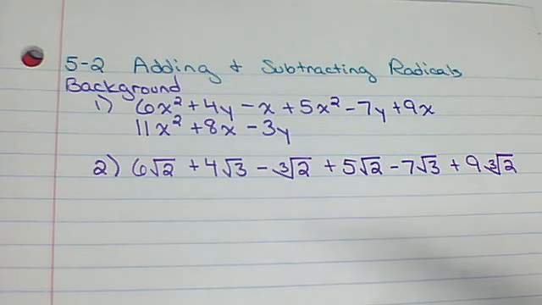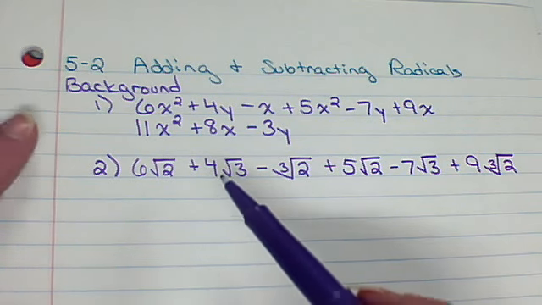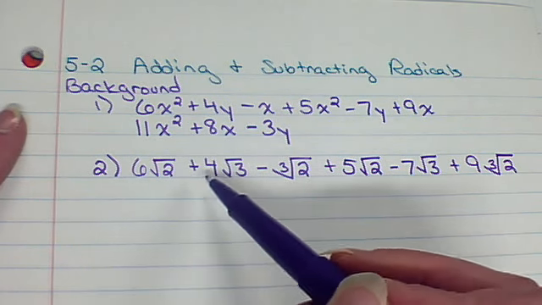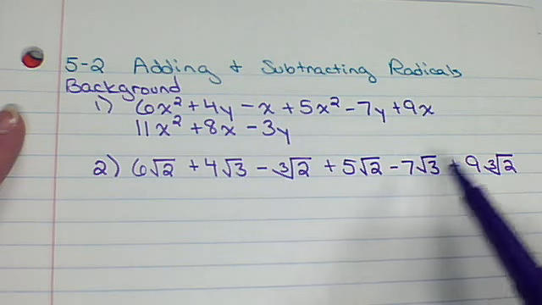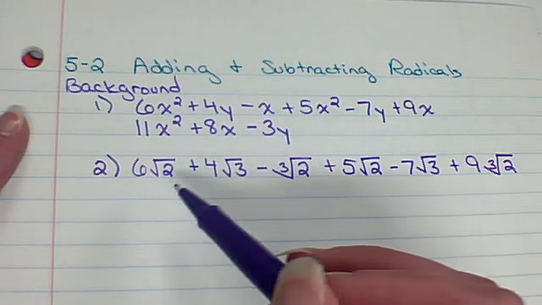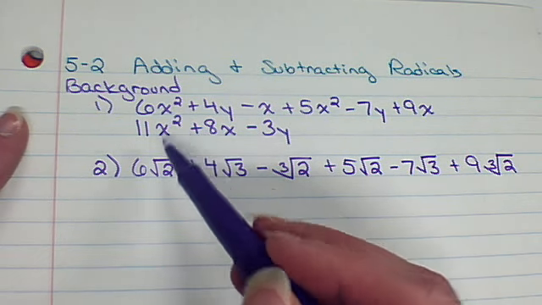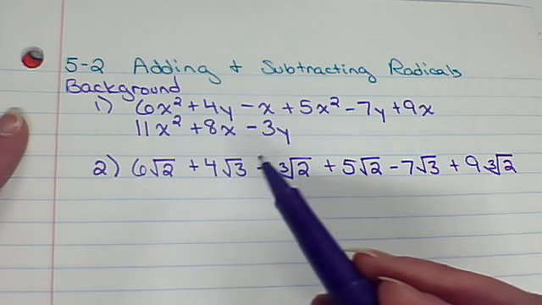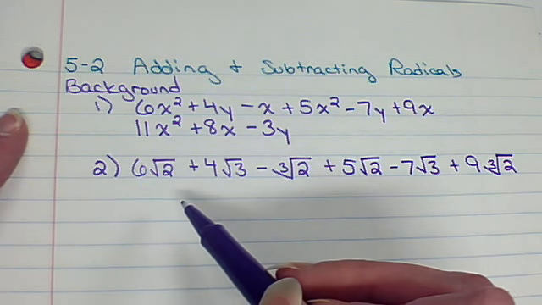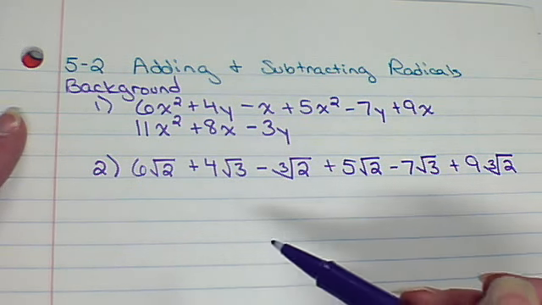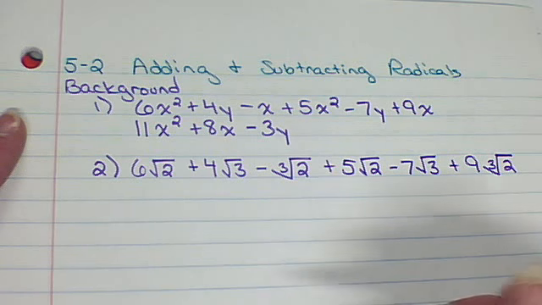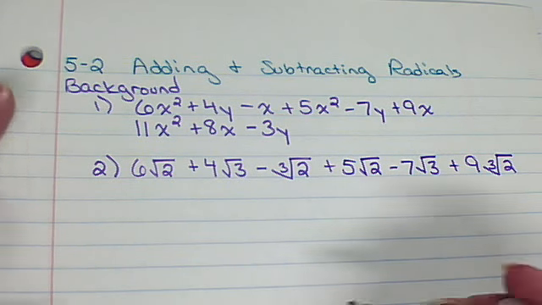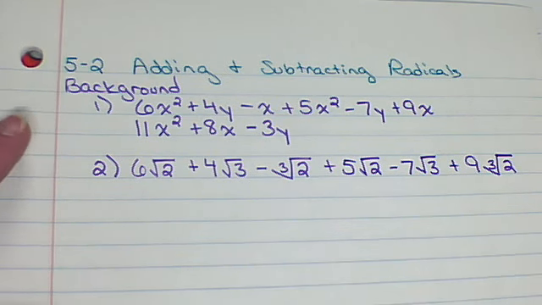Now look at how similar these problems are. Coefficients all the way down are exactly the same. Instead of having variables, though, we have radicals. They add and subtract just like you did with variables. You have to only add and subtract like terms.